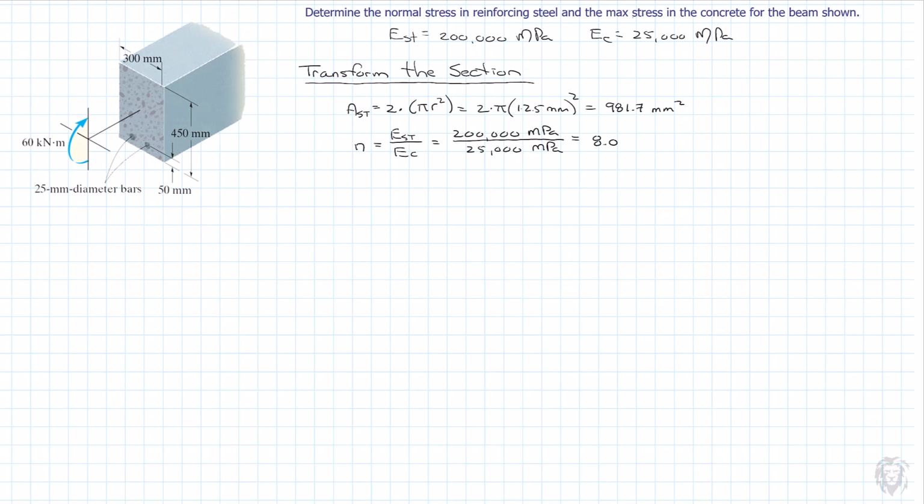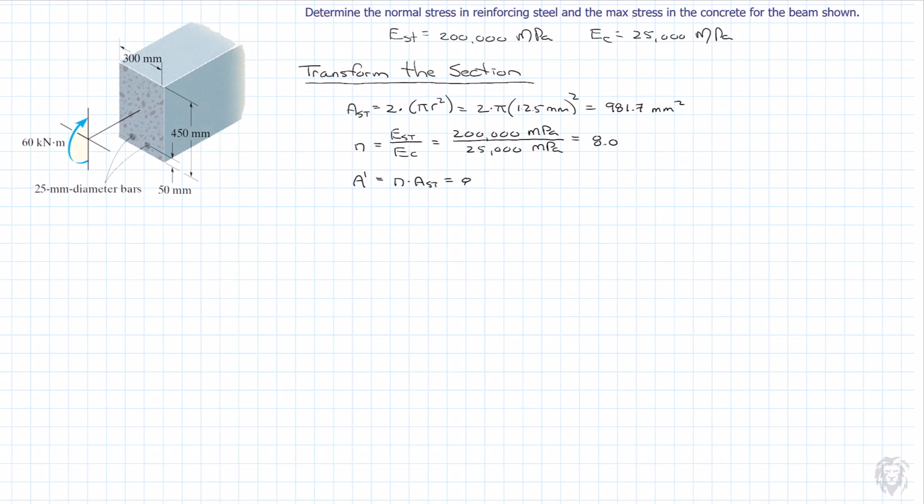So now the equivalent amount of area is just n times the area of the steel. We'll call that A prime, our transformation area. And that is equal to n times the area of the steel.